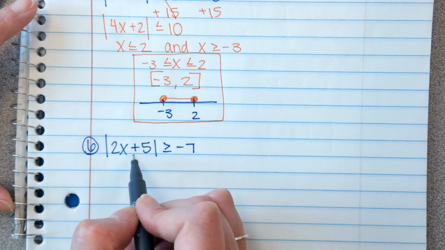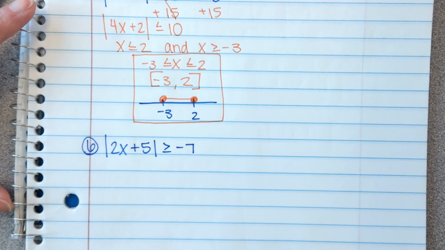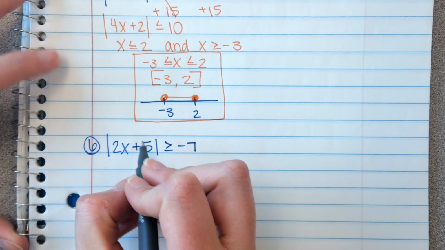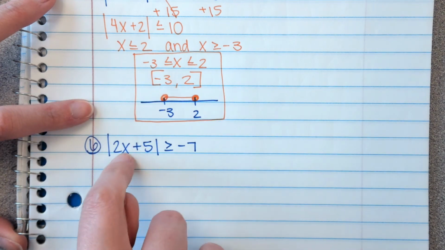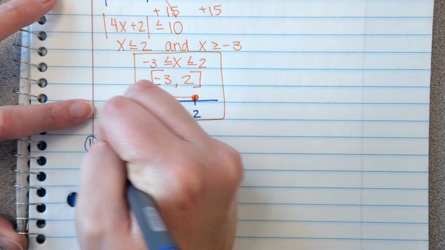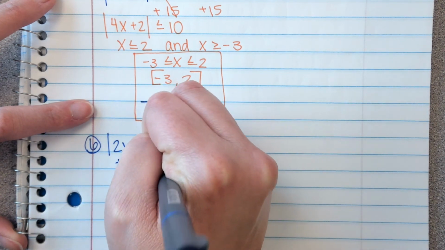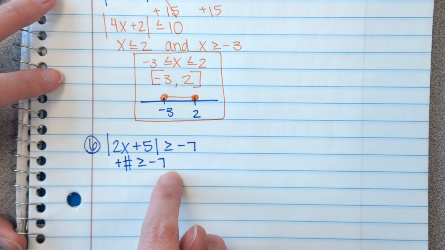Okay? When we take the absolute value of something, do we get a positive or a negative? A positive, because it's the distance. So no matter what number we plug in, we're going to get some positive number. And then we have greater than or equal to -7. Is a positive number greater than or equal to -7?